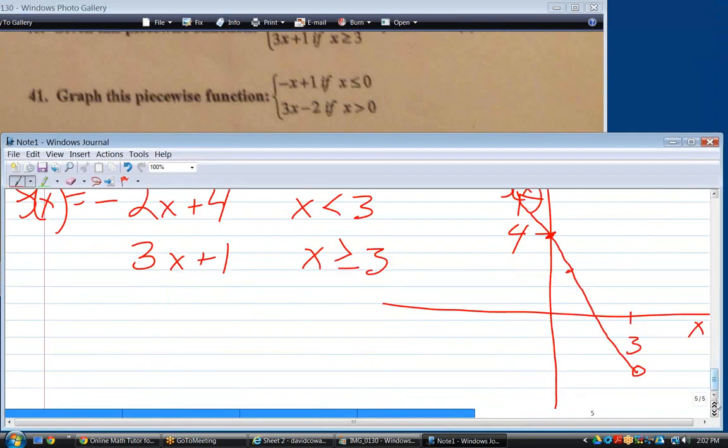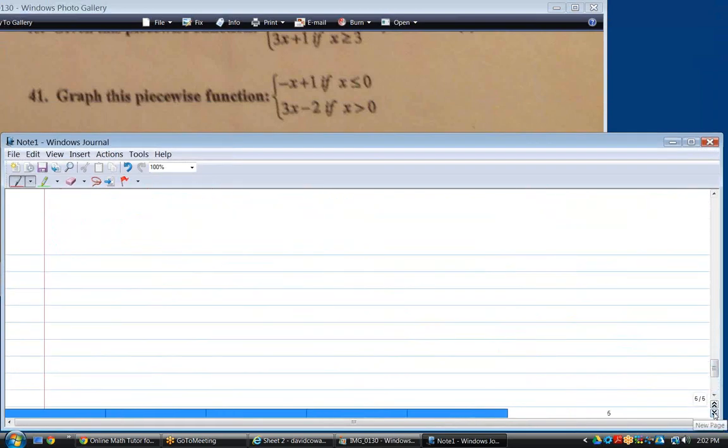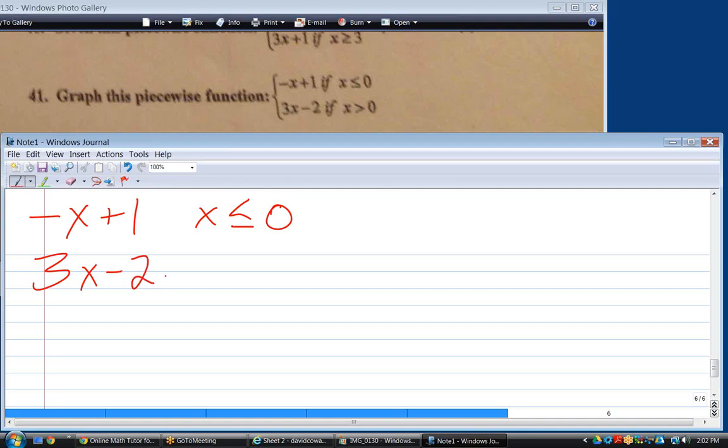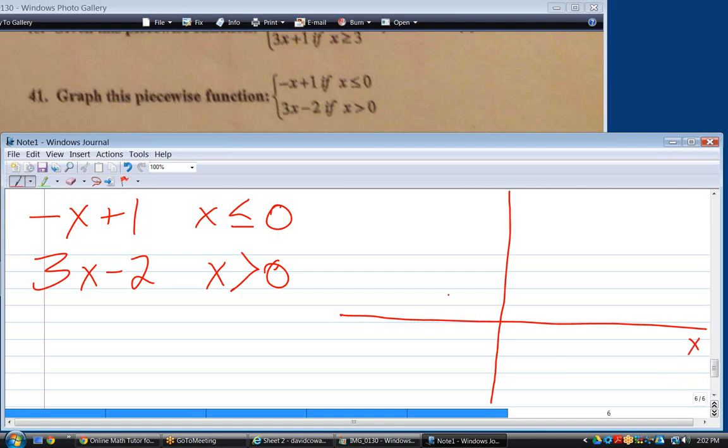All right, this one they want us to graph. The x-axis.